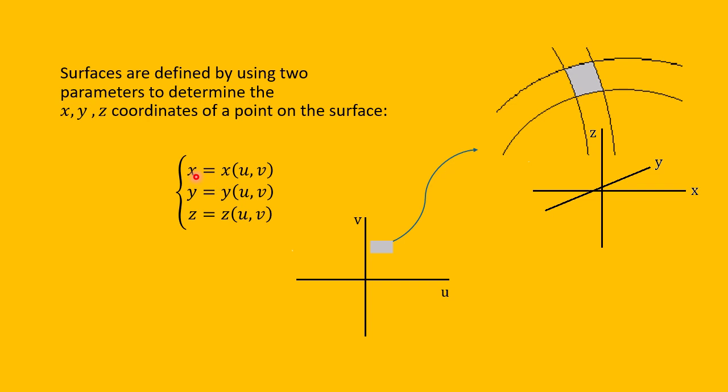We'll let x be a function of u and v, let y be a function of u and v, and let z be a function of u and v. Some small rectangular area down here in the uv plane will be mapped into a region up here on this surface in three-dimensional space, and this little piece of surface looks a lot like a parallelogram.